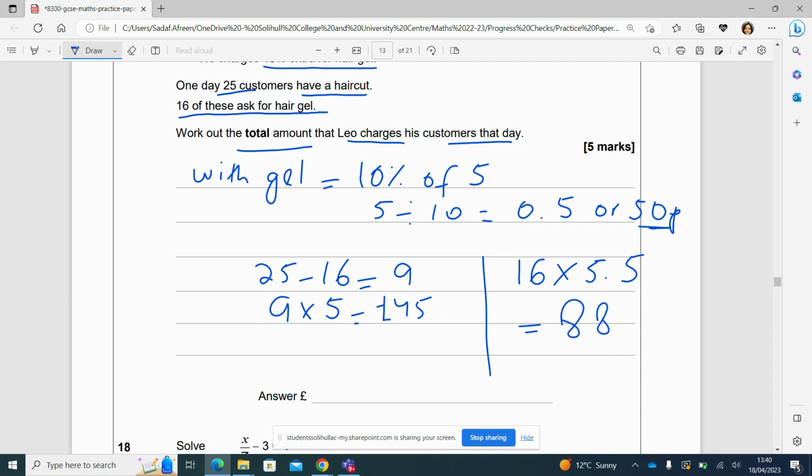So 16 times 5.5 is 88, and then you will just need to add these two numbers together to find the total, which is 45 plus 88, and that gives you 133 pounds altogether.